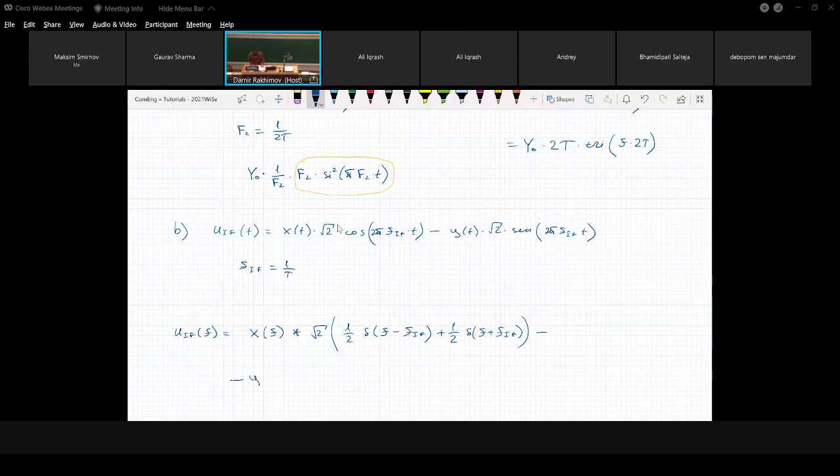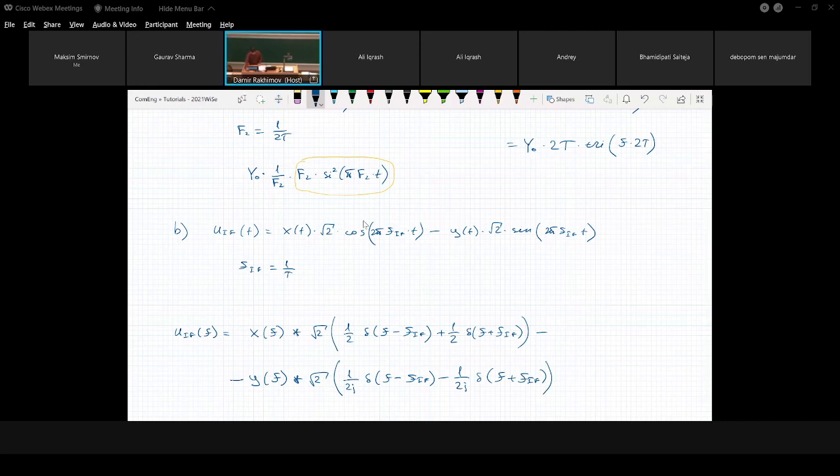Then we write the second part, y of f, convolution with root of 2, open parenthesis, 1 over 2j delta pulse at f minus intermediate frequency, minus 1 over 2j delta pulse at f plus intermediate frequency.